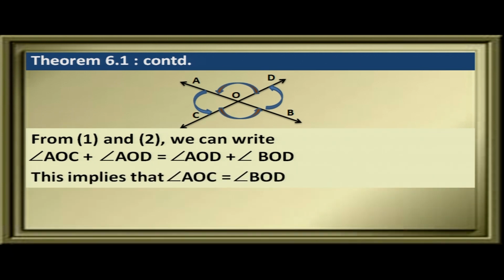This implies, by subtracting the equals on both sides, angle AOD. So, subtracting the equals from both sides, we have angle AOC equal to BOD. What was AOC? AOC was this angle and BOD is this angle.